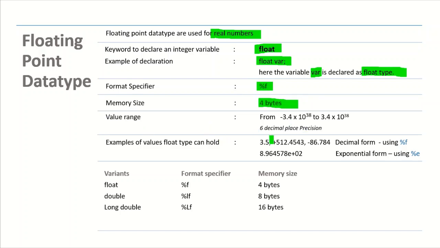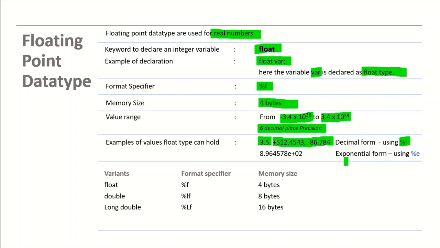The value range is from -3.4 times 10 raised to 38 to 3.4 times 10 raised to 38 with 6 decimal place precision. Example values are 3.5, 512.4543, -86.784, and these are all decimal form and they can be printed or scanned using %f as the format specifier.